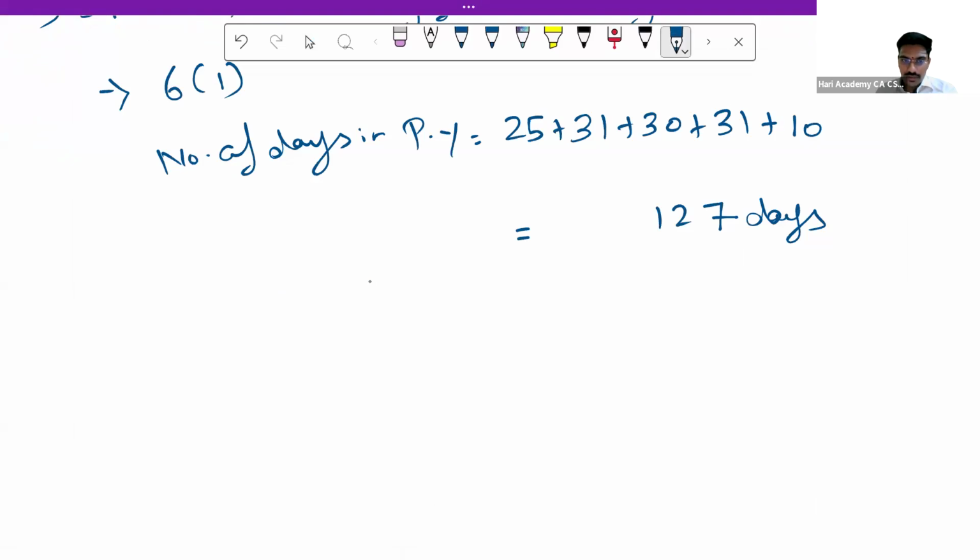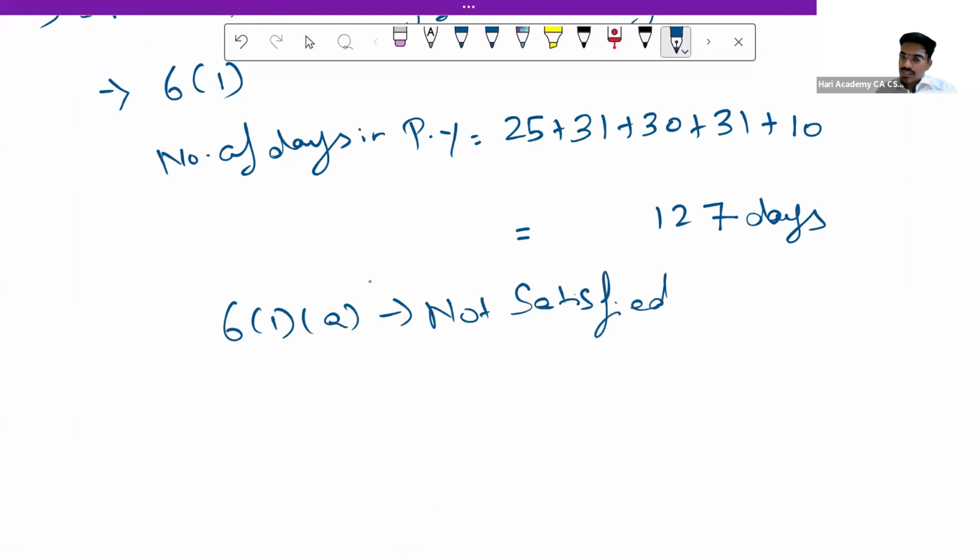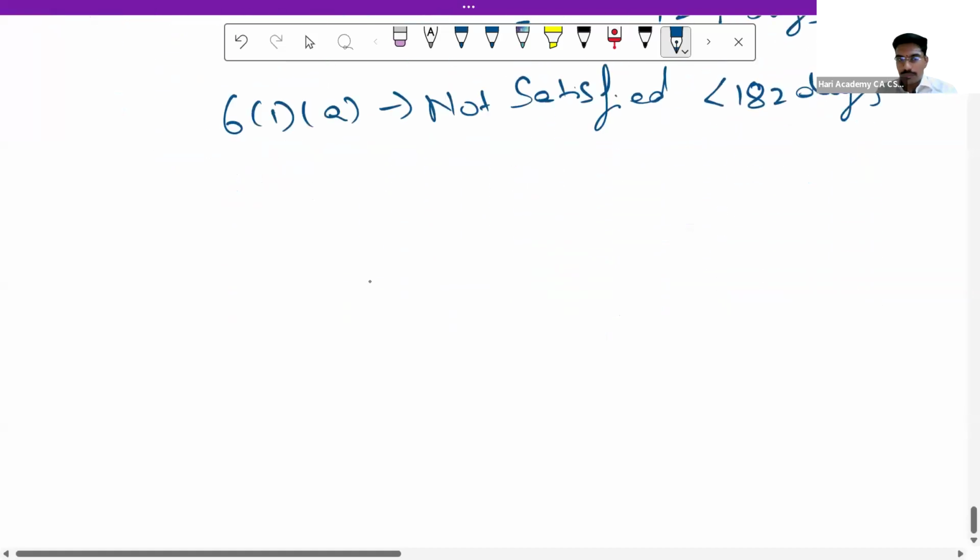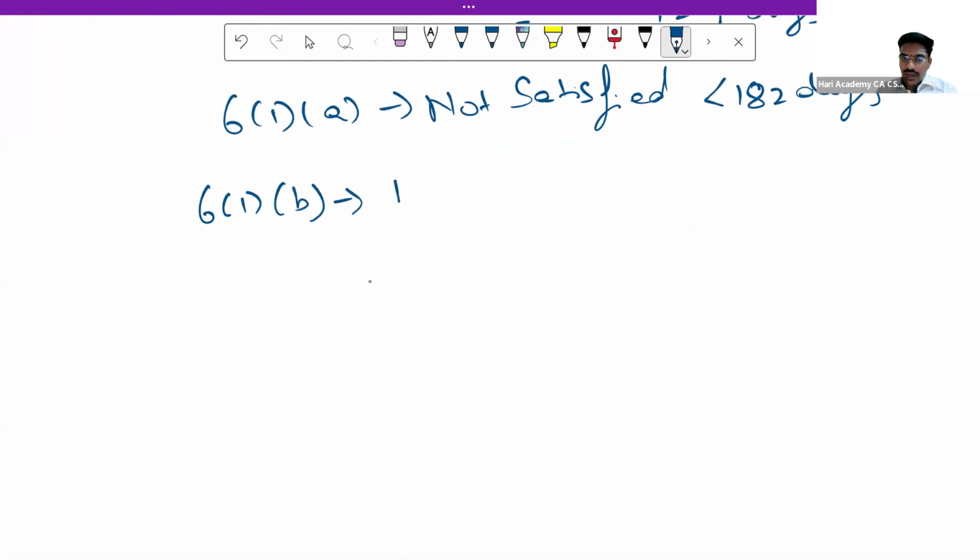6-1A not satisfied, since the number of days of stay is less than 182 days. Next is 6-1B: 60 days, or he is a person of Indian origin, so 120 days or more.